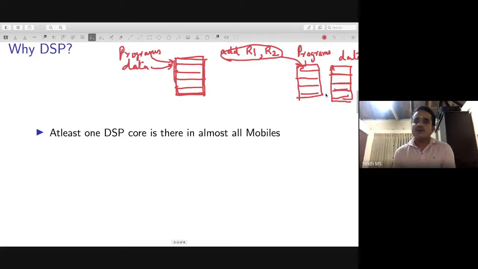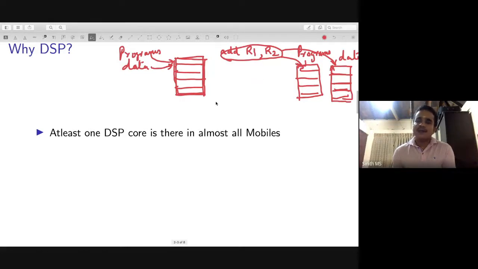So while you access the programs, you will be able to access data also. This kind of architecture has the advantage that while accessing program, at the same time you can access the data, and this increases the speed of processing.